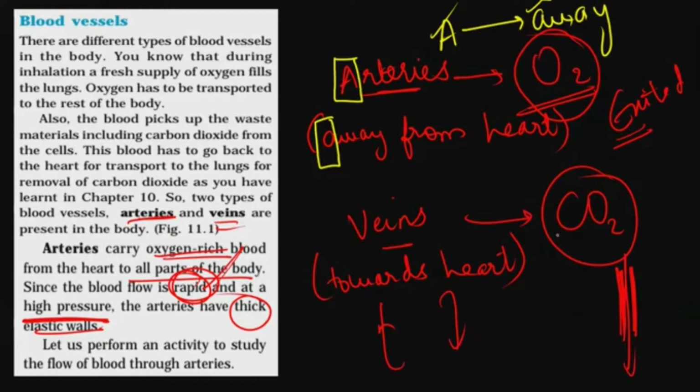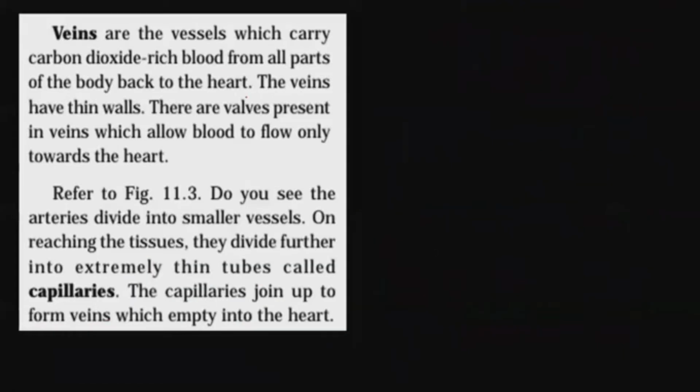But veins have thinner walls because the blood is deoxygenated and the pressure is not so high. There is an activity which I will discuss soon. Okay, veins. Now veins carry carbon dioxide rich blood from various parts of the body back to the heart. Veins have thin walls, and they have valves.